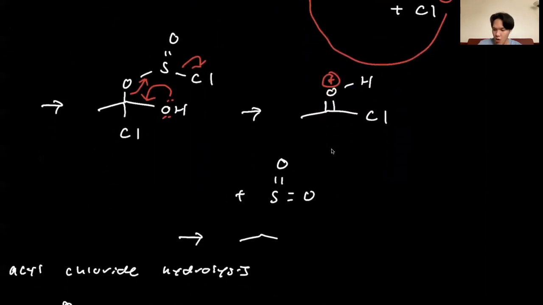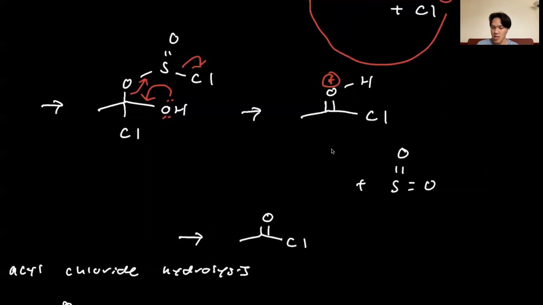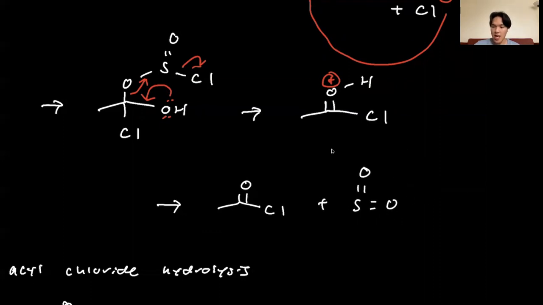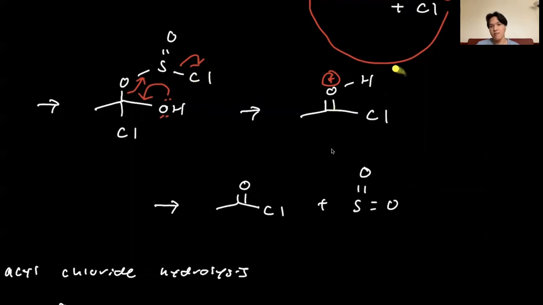But in the end, you are going to get this acyl chloride here, as well as SO2, and then HCl is the more correct compound, right? Because then the Cl that just left over here can come deprotonate this H, giving back our double bond, and then our Cl. Now we just made our acyl chloride, right?